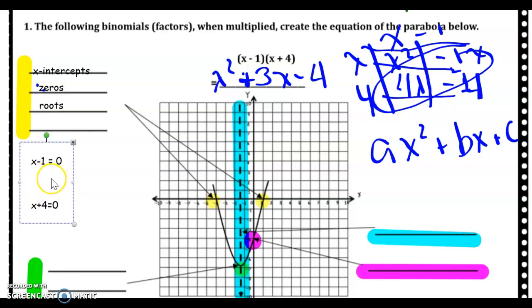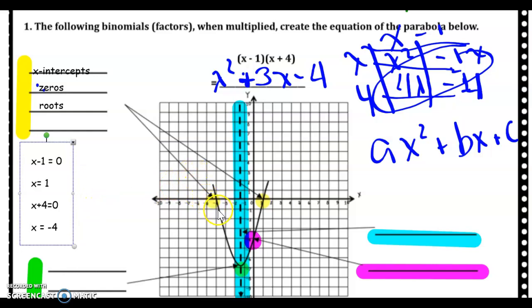And what you'll notice is that if I solve these equations, here x is going to equal positive 1, because 1 minus 1 equals 0. For this, if I add, what plus 4 is 0? Negative 4 is 0. So x equals negative 4.